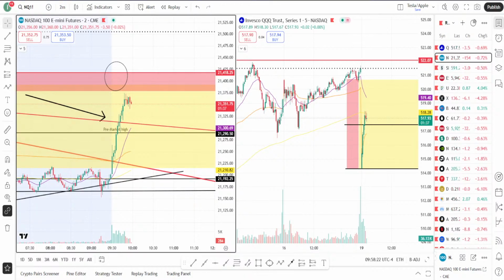Just let the market do what it wants to do. Balancing out right now. You got equal buyers and sellers. It's just going sideways.